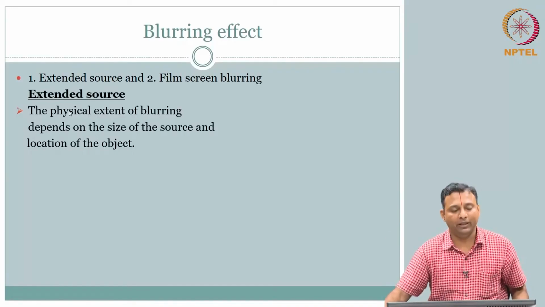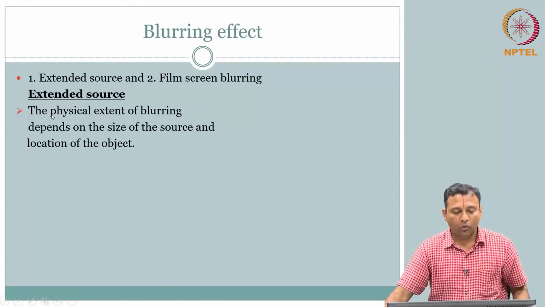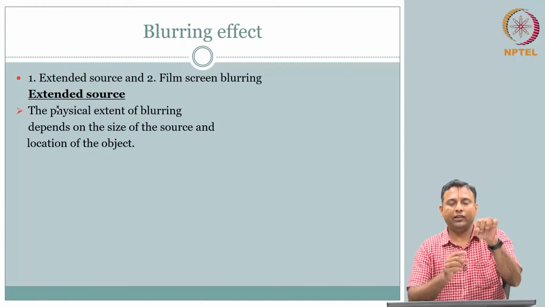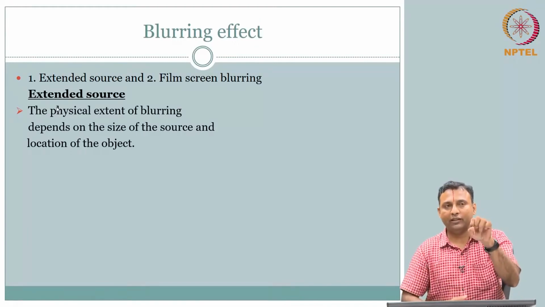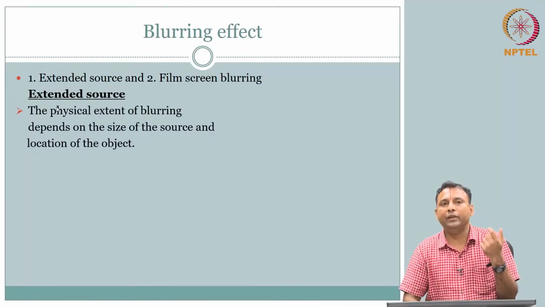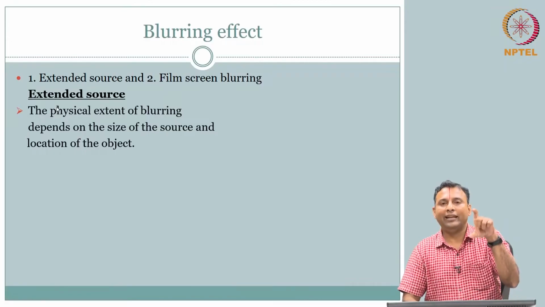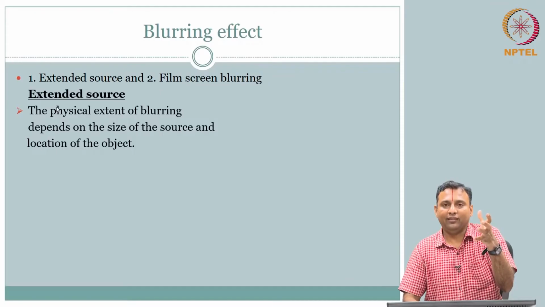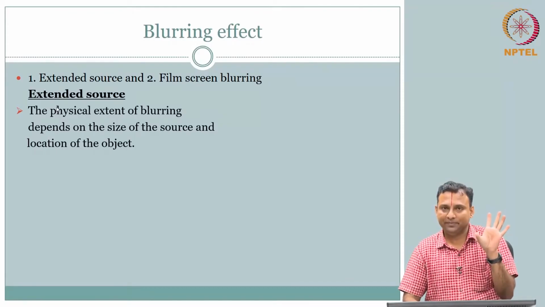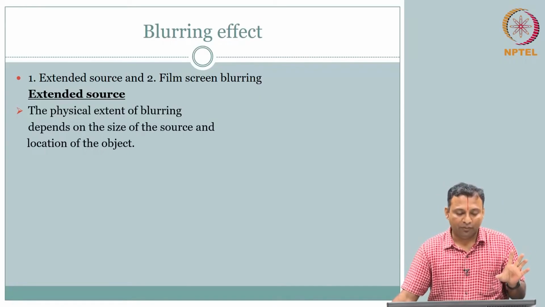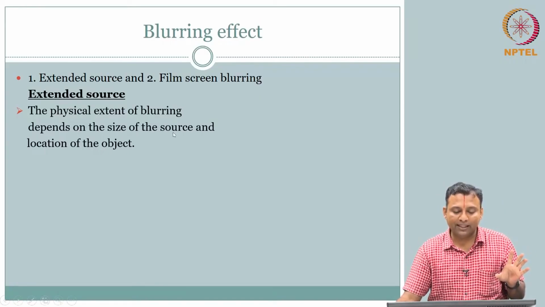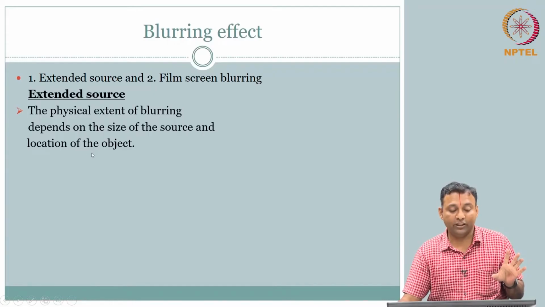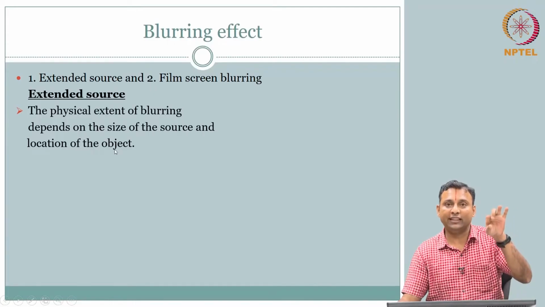Now we need to account for what if that is not a point. Just think about it: if it is not a point, what else can it be? It can be a line, it can be an area. So instead of a point, it can have some geometry. The physical extent of blurring depends on the size of the source and location of the object. So this is the size of the source.